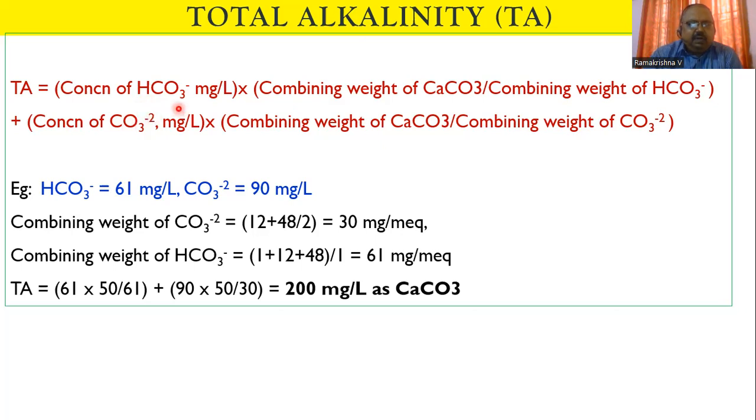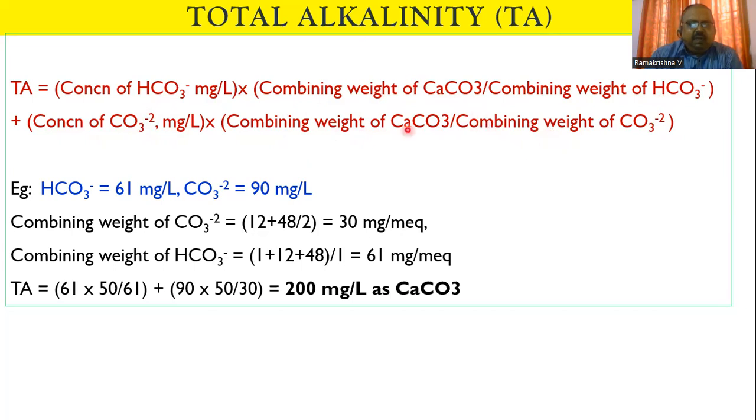So we are going to use the same formula that we had taken earlier: concentration of bicarbonate in milligram per liter multiplied by combining weight of CaCO3 per combining weight of bicarbonate, plus concentration of CO3 2- in milligram per liter multiplied by combining weight of CaCO3 per combining weight of carbonate.